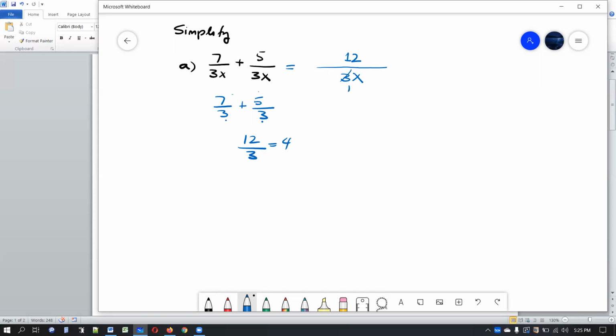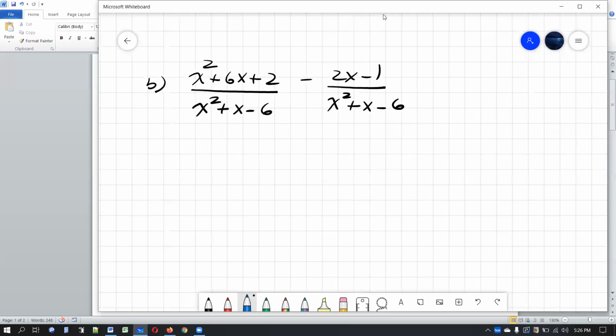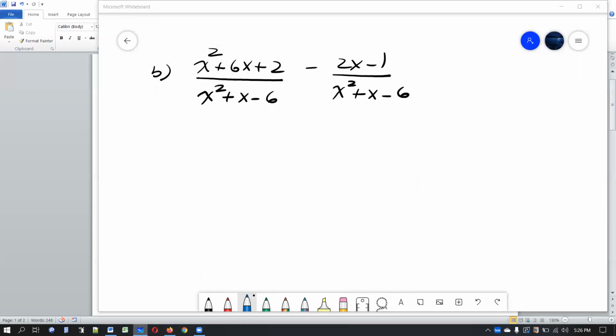So 3 goes into 3 once, goes into 12 4 times. So the final answer is 4/x. Okay, this is all we have to do in a situation like this. So denominator is the same, keep the denominators the same, do the operation on the numerator, and at the end, simplify. All right, so let's take a look at the second example.